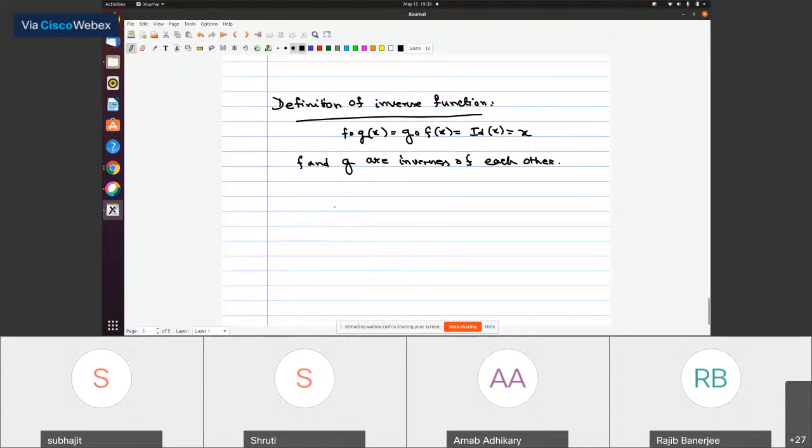Now, suppose I am giving my function f of x. What is the inverse of x square? Can you calculate it? Root of x, the square root of x.